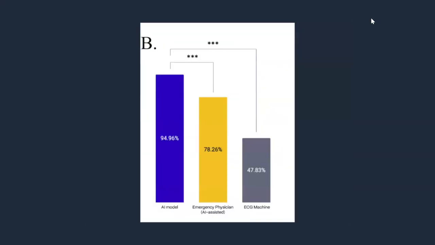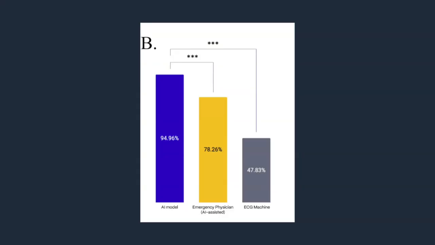What they found is this: 142 patients out of the 700 were admitted or hospitalized for concerns of ACS or OMI. Of those, 23 met the primary outcome of OMI, and the AI model had a 94% sensitivity for determining an OMI.